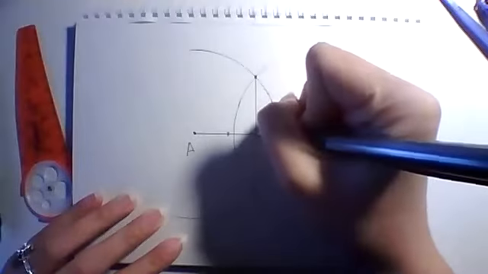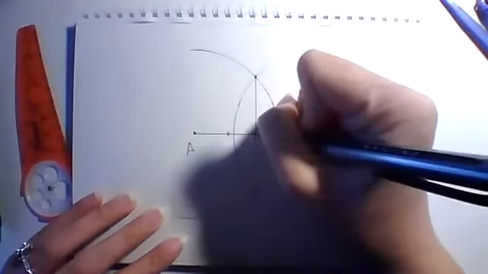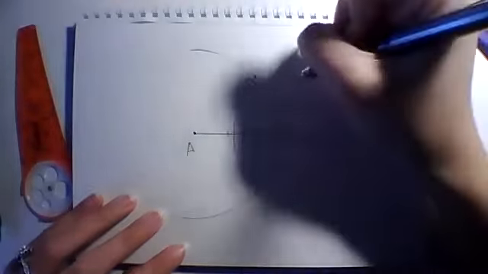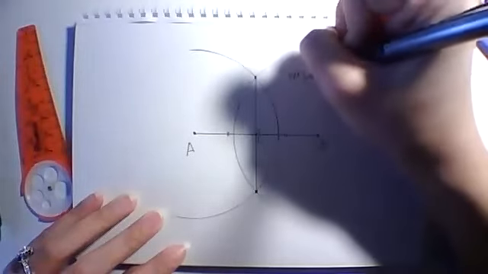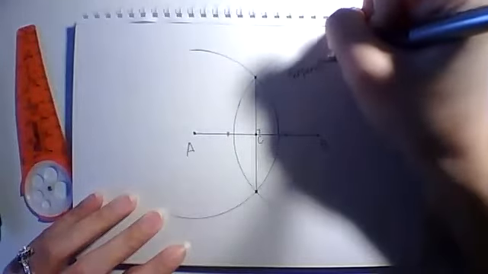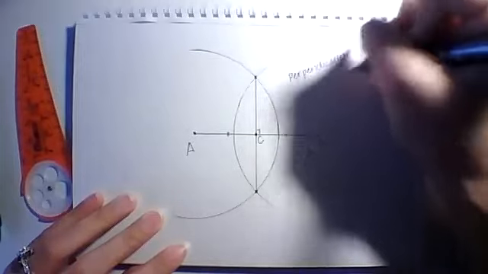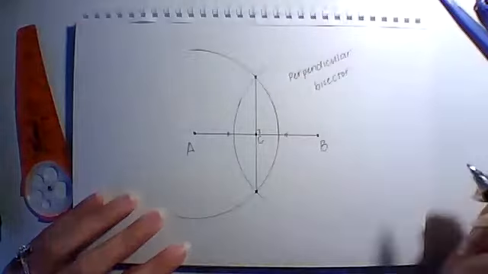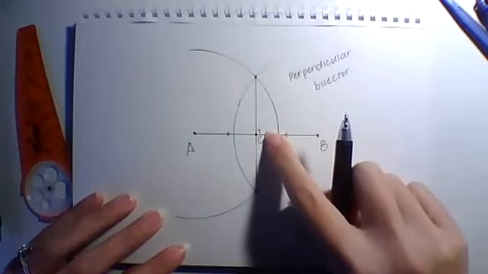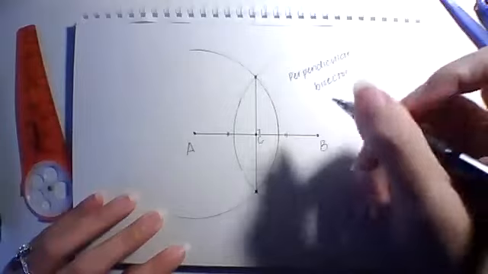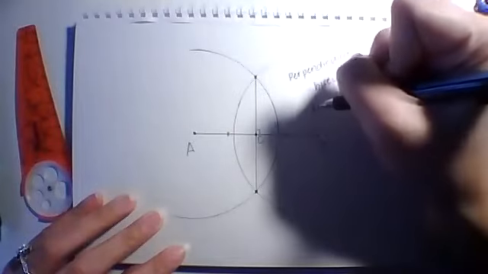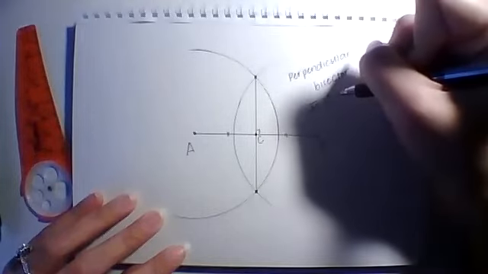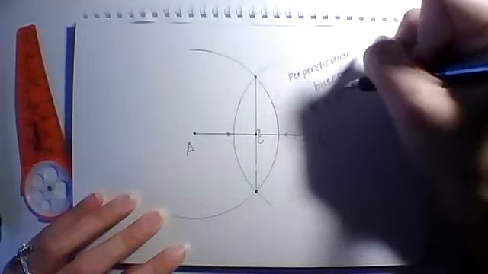So if I were to label this and say this is some point C, since it's a perpendicular bisector, we do have the 90-degree angle, and AC is congruent to BC.